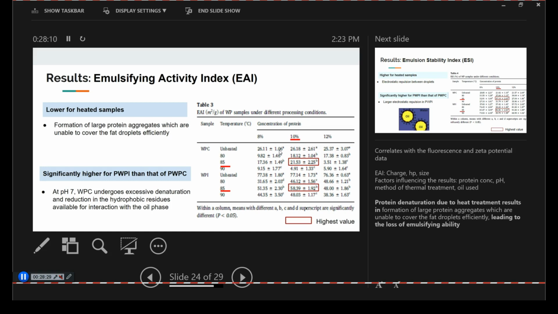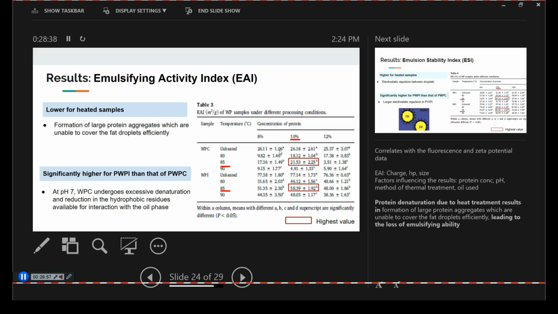In WPC, since you have higher alpha-lactalbumin, it's more prone to denaturation and it has a lot of SS linkages. So if you have a free SH group, it might cause reduction and then disulfide interchange among different proteins, more so than what we could see in WPI.